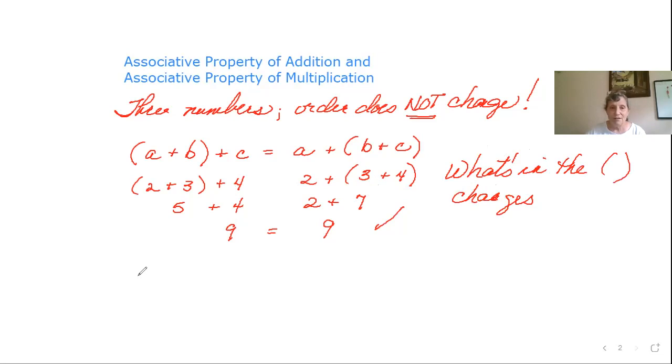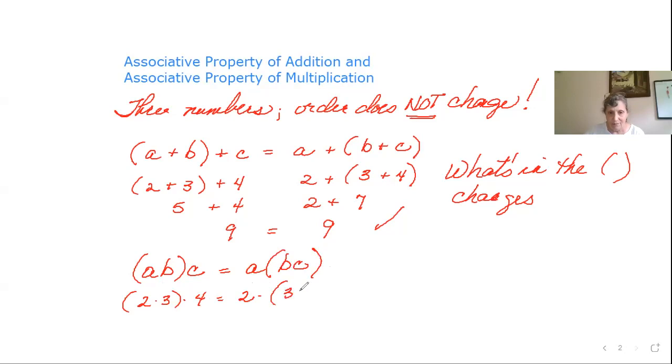The multiplicative property is the same. It says that A times B times C will still equal A times B times C. So if we have 2 times 3 times 4, that should equal the same thing as 2 times 3 times 4 with different grouping.